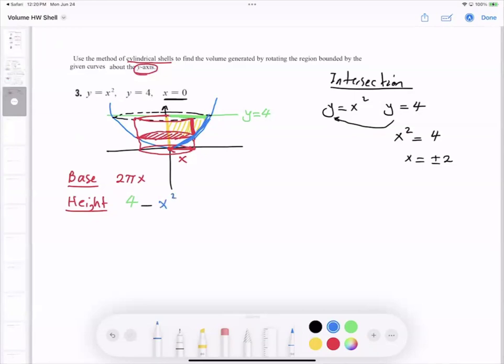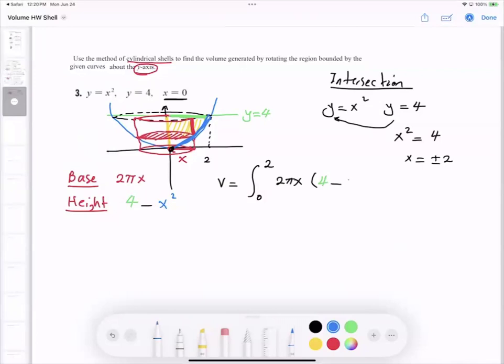The volume using the shell method is equal to the definite integral. So x ranges between 0 to 2. The maximum value that it takes is 2, 0 to 2. And you have 2 pi x, which is the circumference. And then times the height. The height is 4 minus x squared.